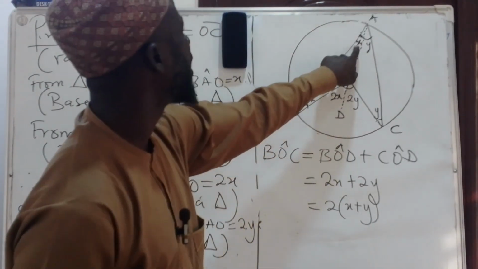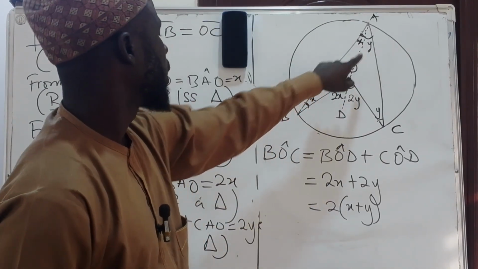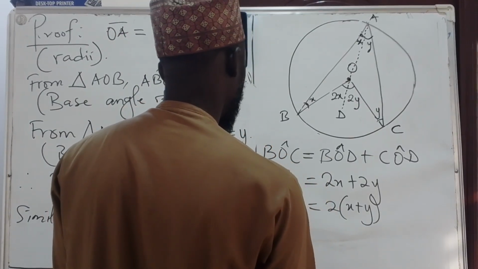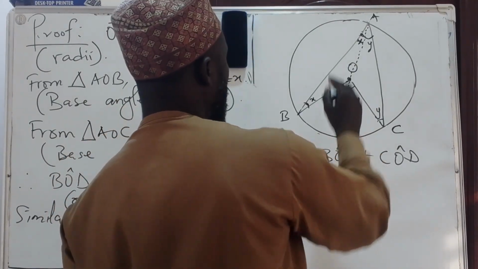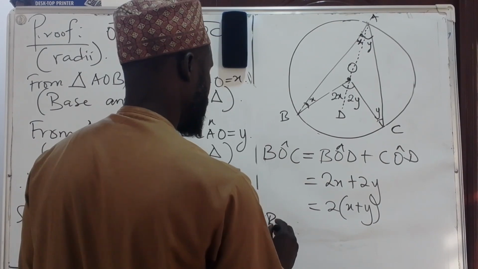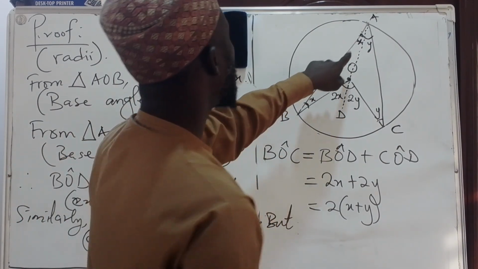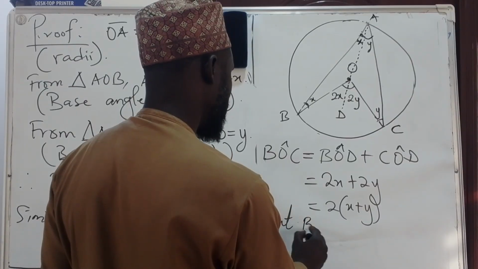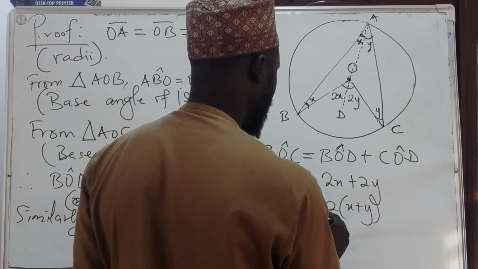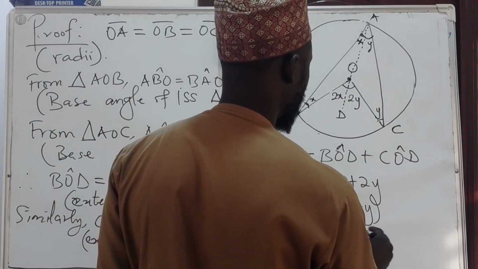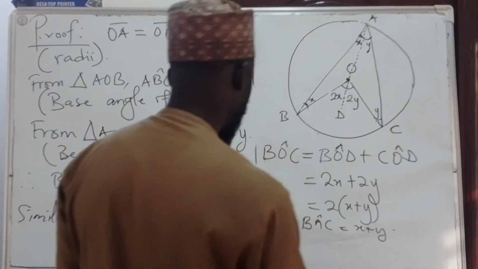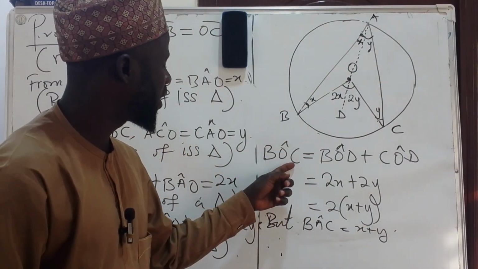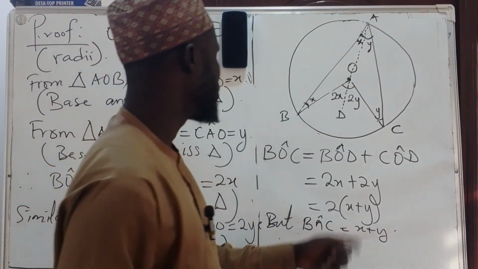But look at this angle, which is angle BAC, the one in question. Angle BAC is equal to x plus y. So therefore, angle BOC is equal to 2 times BAC.